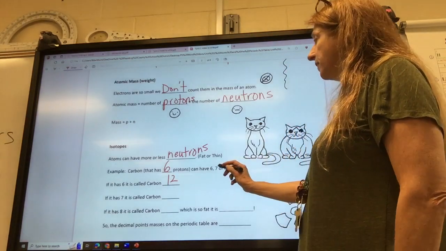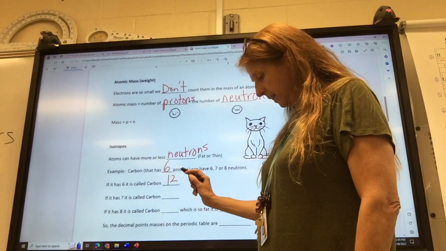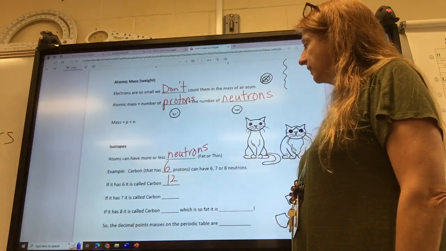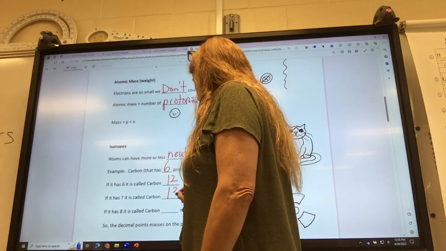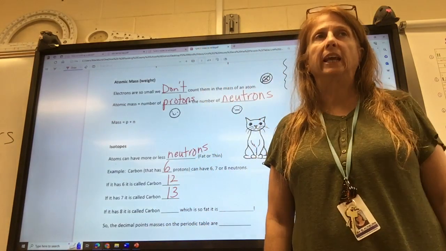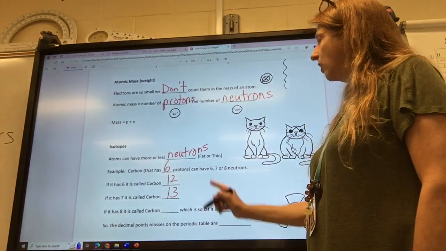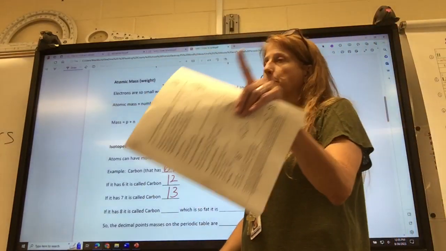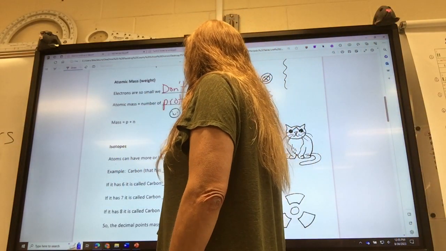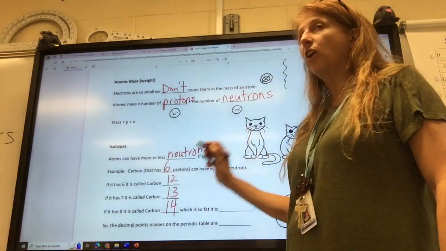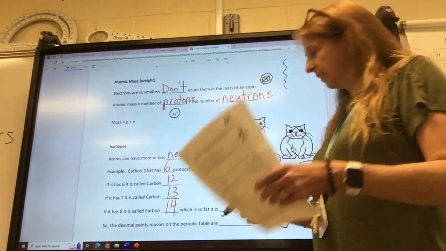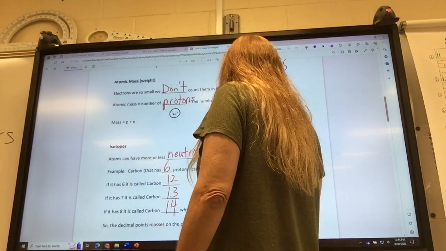If it has 7 neutrons, then it's 6 plus 7. What's 6 plus 7? 13. And it's called, you guessed it, carbon-13. If it's got 8 neutrons, what's 6 plus 8? 14. And its name is carbon-14. And it's so fat that it's unstable and it's radioactive.